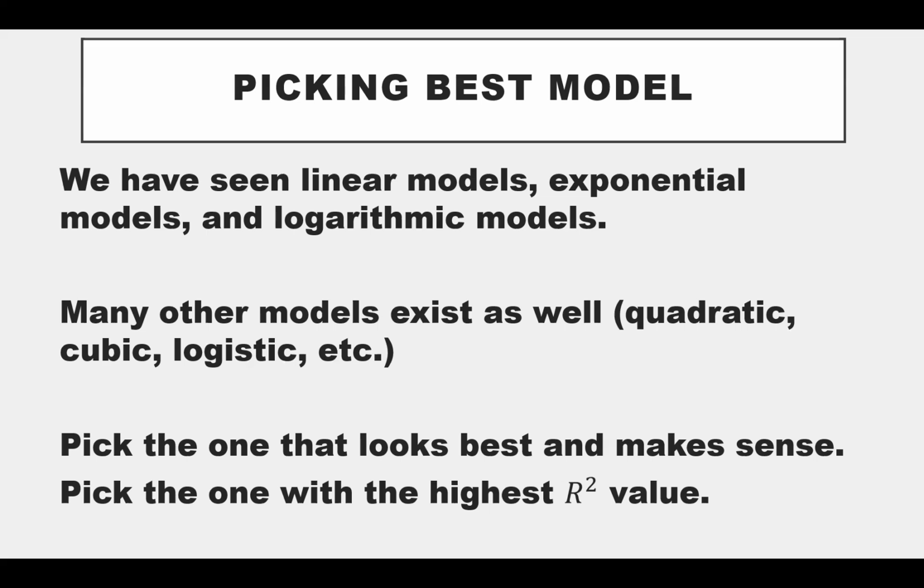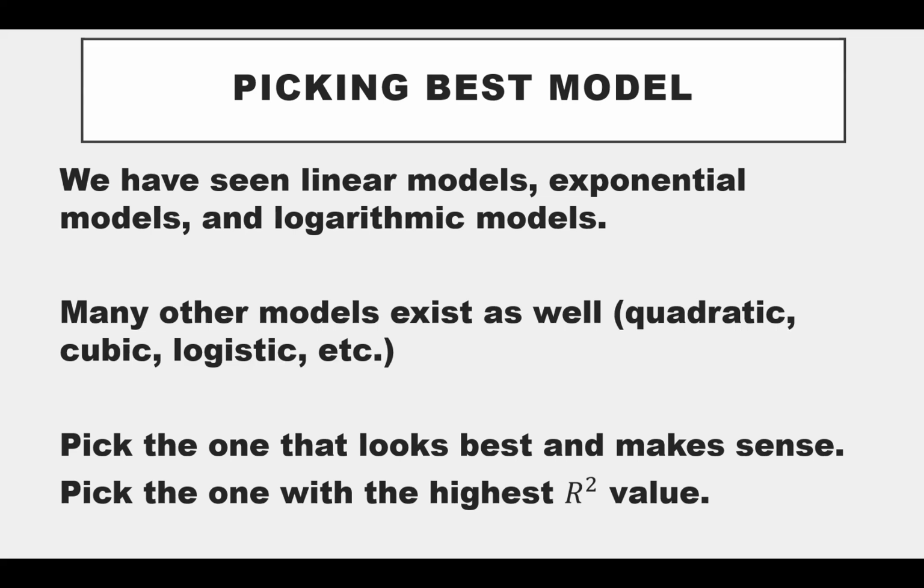Now, there's another way to go about doing that as well, and that's the way you see on the last line: simply pick the one with the highest R squared value. The one that's closest to 1 in the R squared. And if the linear model has a higher R squared than the exponential, you use the linear.